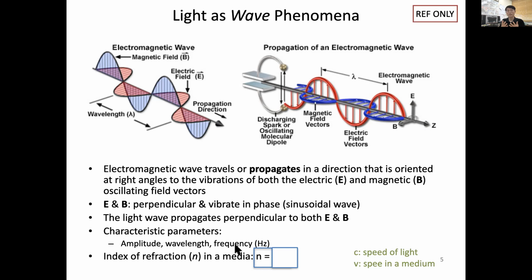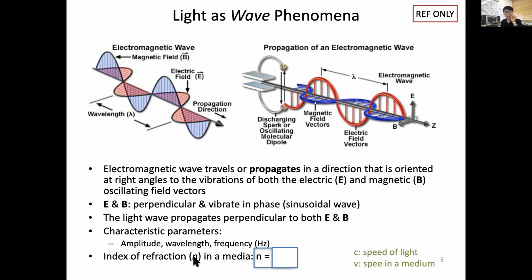And the speed of this wave can be different depending on the medium. So the speed of light in a vacuum is called the speed of light c, which is well defined as 3 times 10 to the 8 meters per second. However, the speed will be reduced when the medium is different. So we have defined the refractive index, or index of refraction.